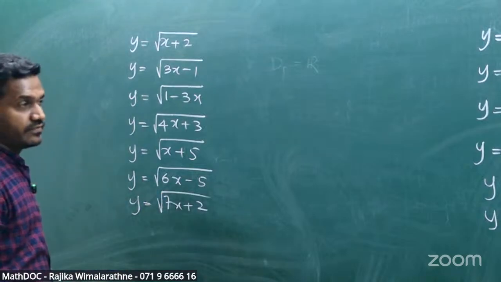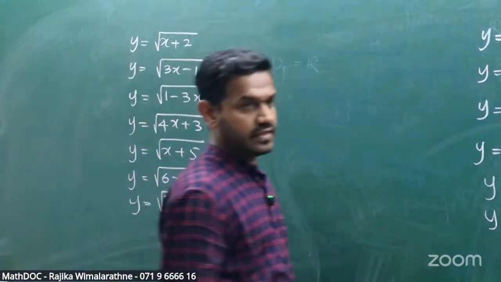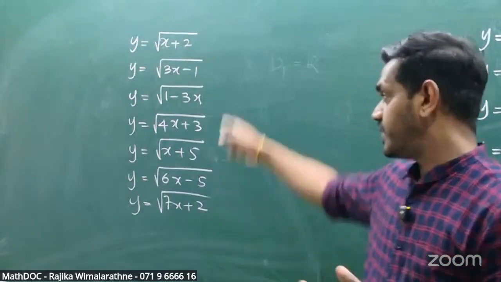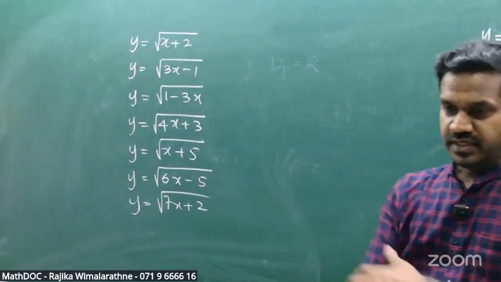Okay, you just try them. The logic is that you have to remove denominator zeros. Okay, try them. Take time.